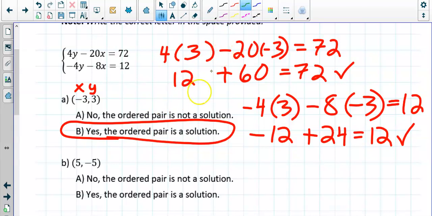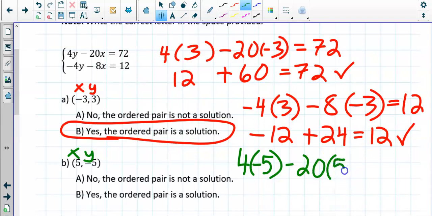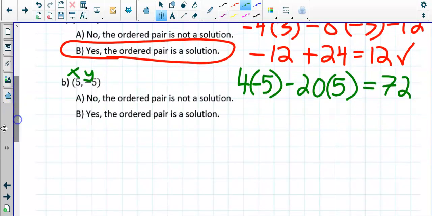So let me change up my color. The +5 is x, the -5 is your y. So plugging in, making sure that I plug in correctly again. 4 times your y value, which is -5, minus 20 times your x value, which is +5, equal to 72. So 4 and a -5 give us that.